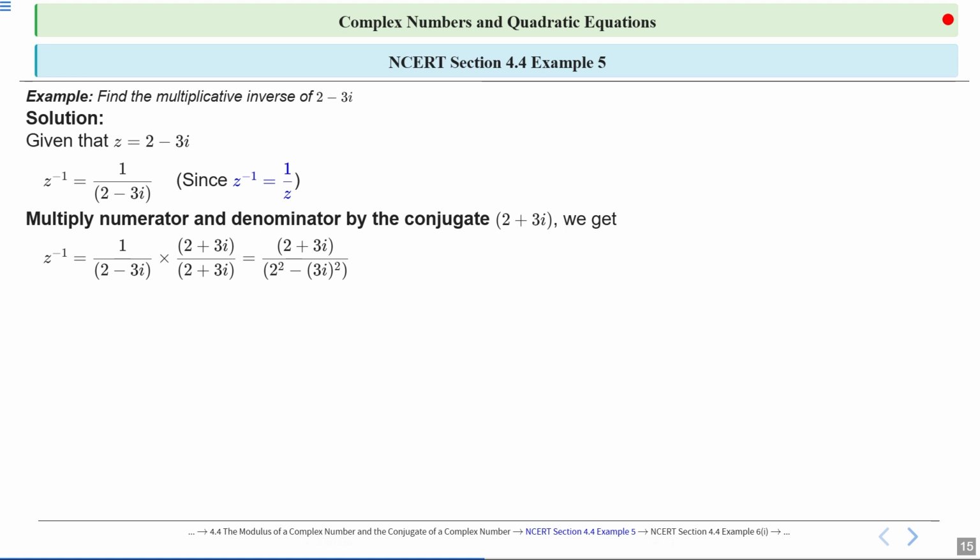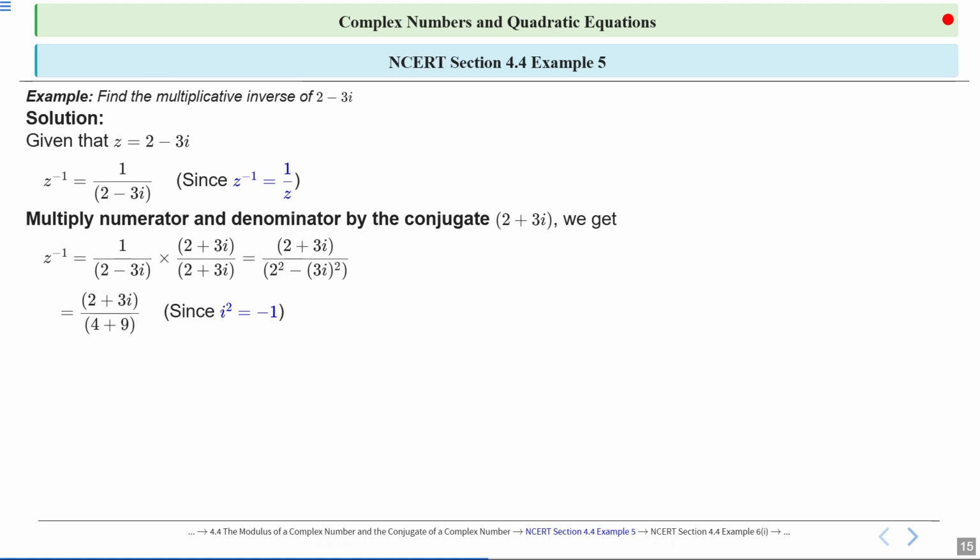This gives us z inverse equals 1 over 2 minus 3 iota multiplied by 2 plus 3 iota divided by 2 plus 3 iota, and this is equal to 2 plus 3 iota divided by 2 square minus 3 iota whole square.